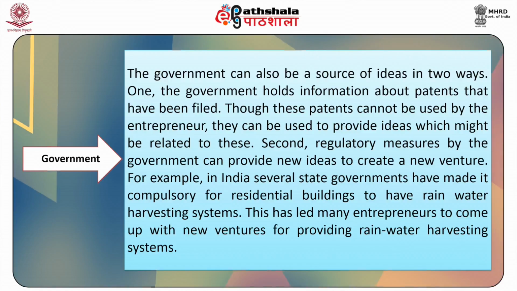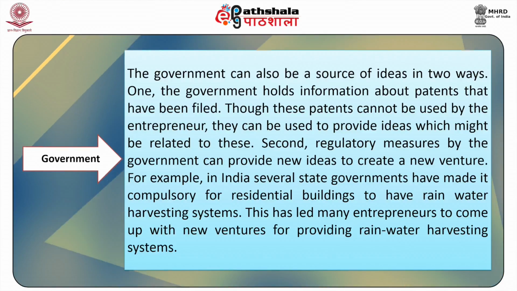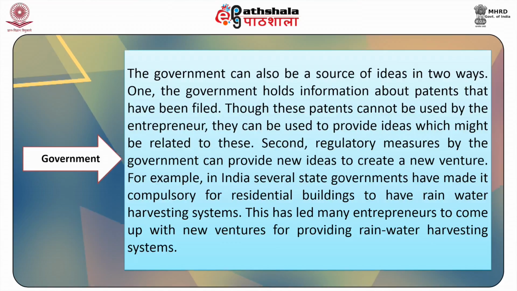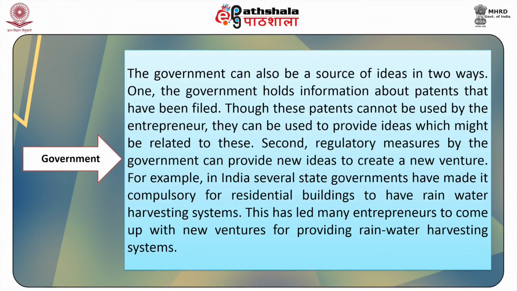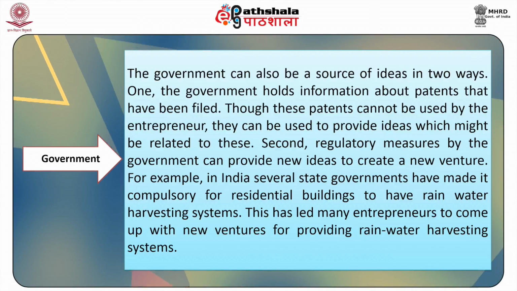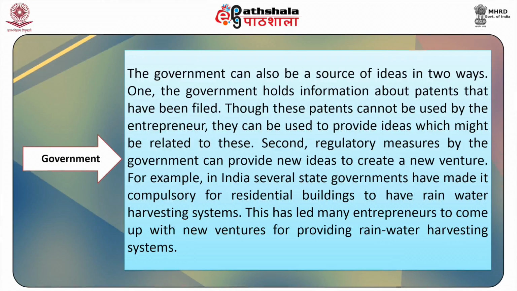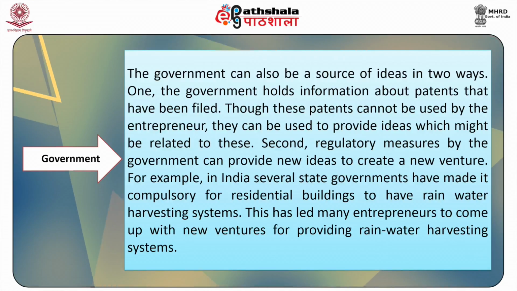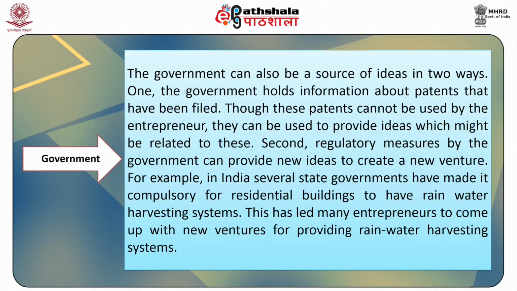Fourth, government. The government can also be a source of ideas in two ways. One, the government holds information about patents that have been filed. Though these patents cannot be used by the entrepreneur, they can be used to provide ideas which might be related to these.